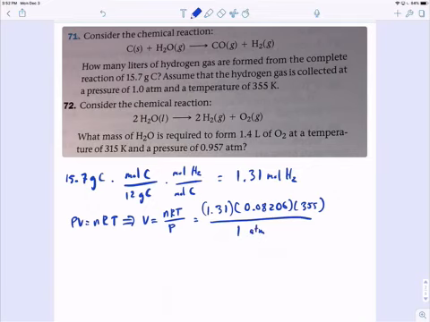That's right, atmosphere there. 41.1 liters. Okay.